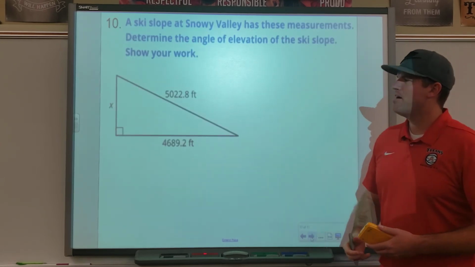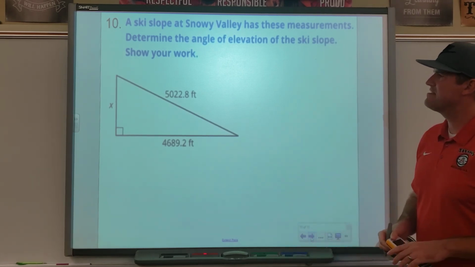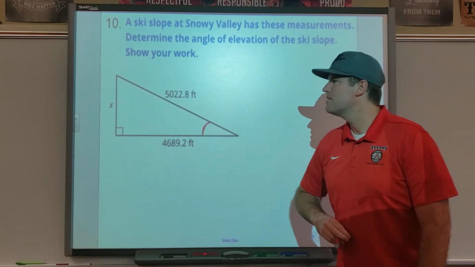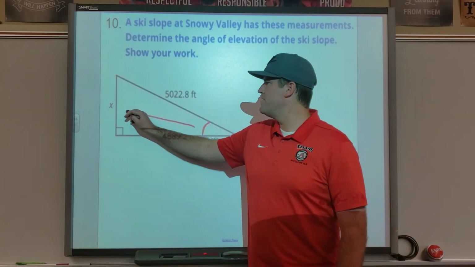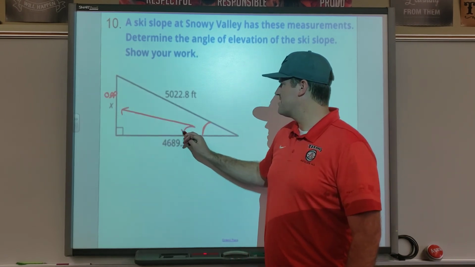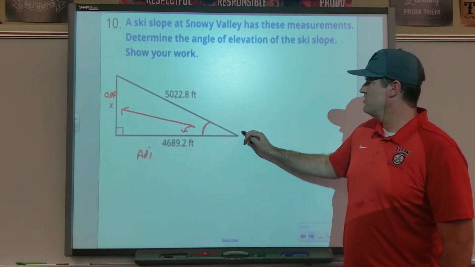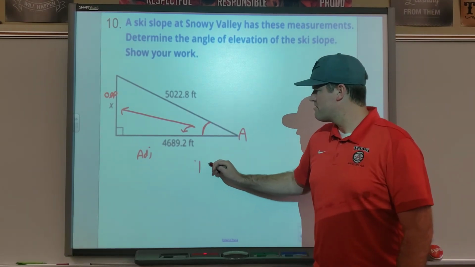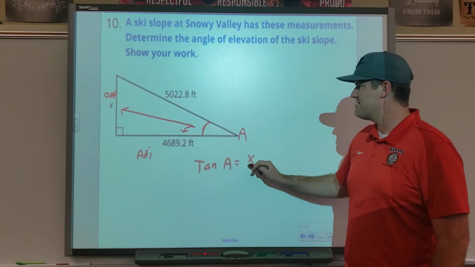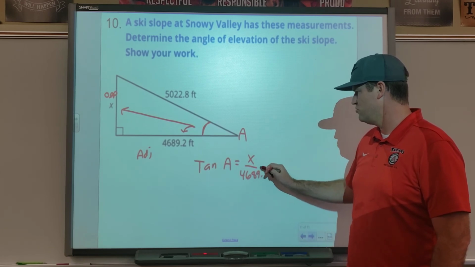All right, last problem. Determine the angle of elevation of the ski slope. So you're being asked to find this angle here. Well, if I do what I've been doing, opposite is here, adjacent is here. And let's go ahead and call this angle A for right now. So I would have tangent of A equals x over 4,689.2.